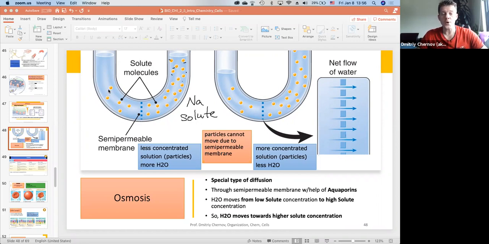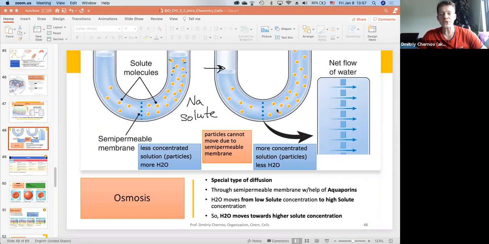The movement of water will be by the law of osmosis, meaning water will go from low concentration gradient of this solute towards higher concentration gradient of this solute. And that's what's going to happen. That's the resolution. So you see water moved towards where there's the highest concentration gradient of molecules. So that's why on this side of the membrane, now there's less water. So now there's more water here.